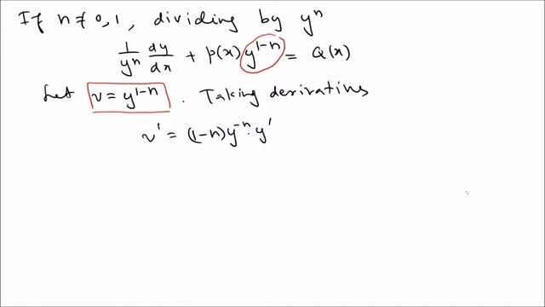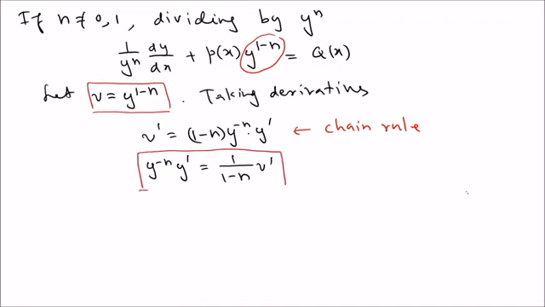Good. That means we can solve for the y^(-n) y prime term. So this says that y^(-n) y prime is simply 1 over (1-n) times v prime. That's always the case.